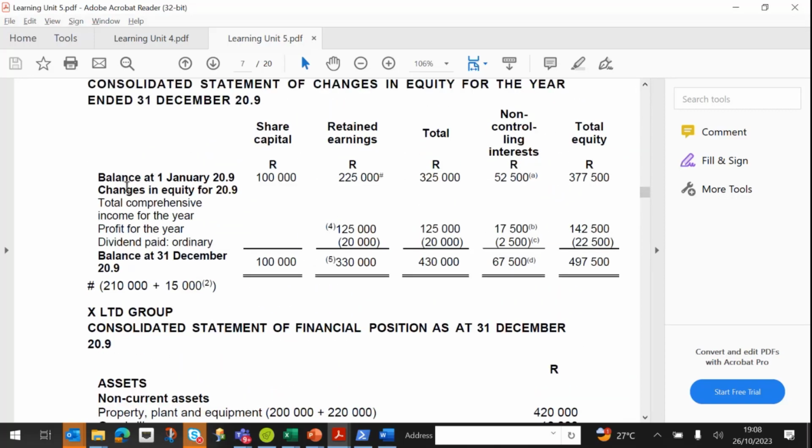So you start off by saying retained earnings at the beginning of the year, 225. From that, you know that there was a profit for the year of 125.